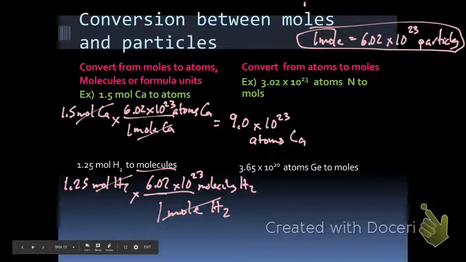This cancels here. I'm just going to multiply the top. 1.25 times 6.02 times 10 to the 23rd gives you 7.53 times 10 to the 23rd molecules of H2.